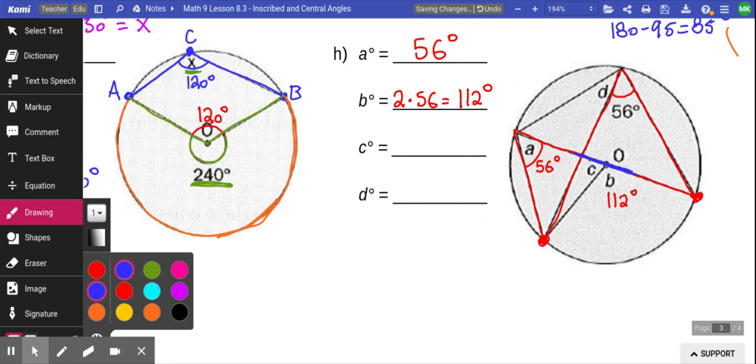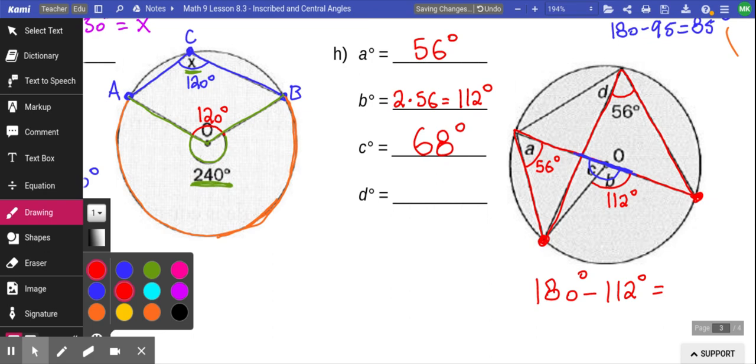If we already know that this is 112 degrees, then we go 180 and subtract away the 112 degrees to give us that missing angle over there. Throw it in your calculator quick, and you get 68 degrees for angle C.